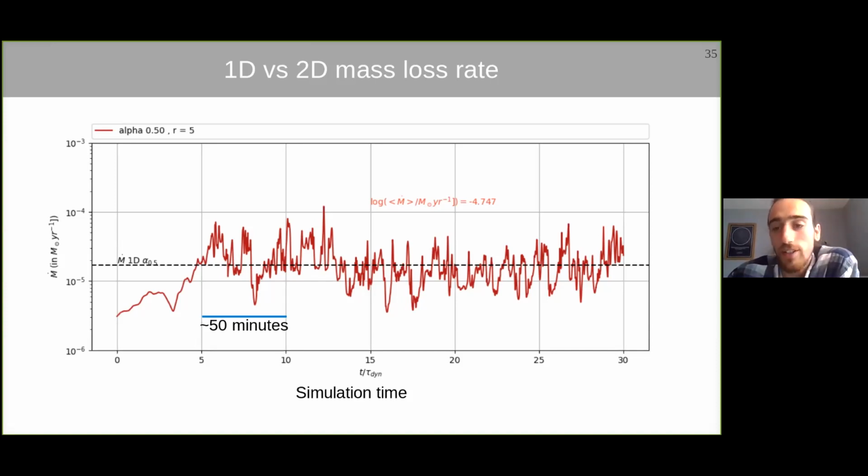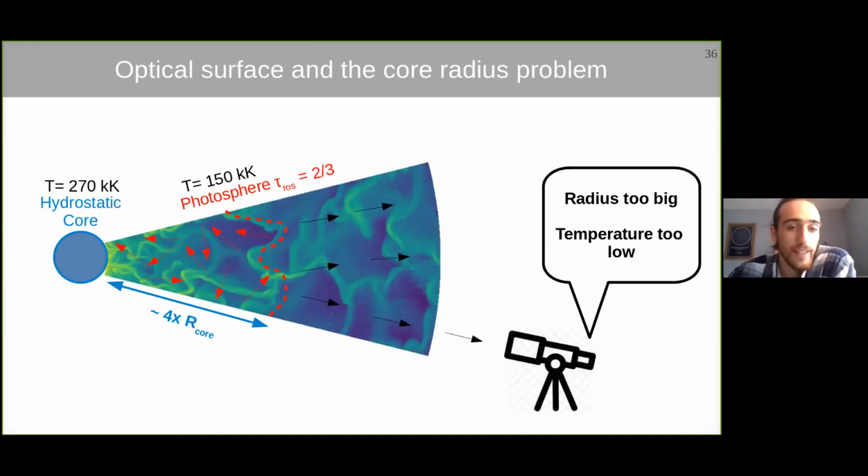And then the final result that I will show you from our 2D winds is related again to this core radius problem that I talked about earlier. In our 2D models, we can now integrate over optical depth to actually compute the location of the photosphere, where we say that the Rosseland mean optical depth should be equal to 2/3.